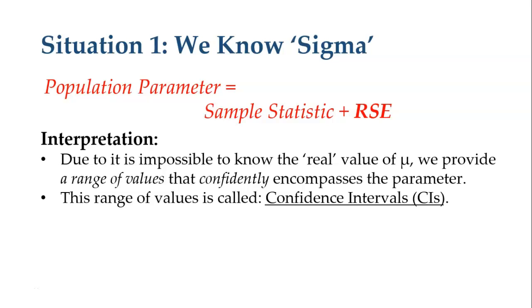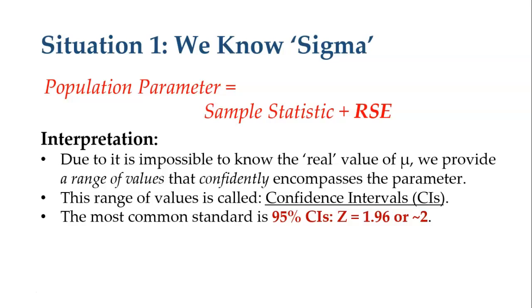I like this term because it is the interval in which we feel comfortable saying that the mu of that population falls, from the lower boundary to the upper boundary, okay? And the most common standard is the 95% confidence interval.